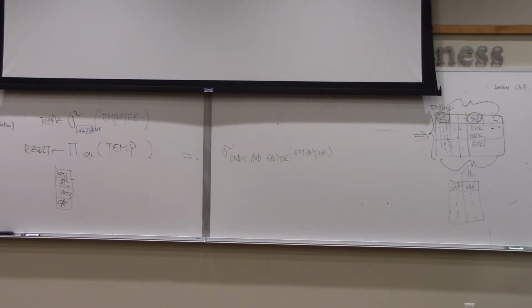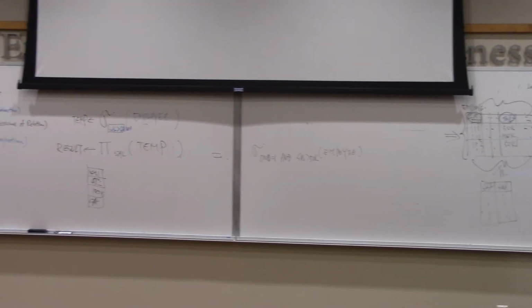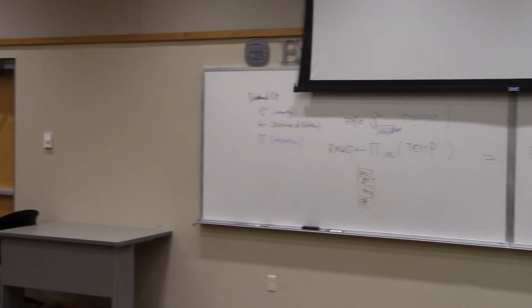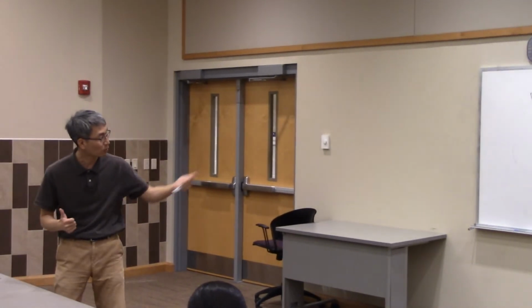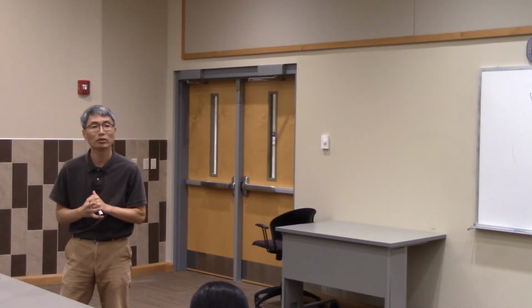No one? What is the definition of a relation? Group of data. Then, what is the constraint that we discussed? Key, which means unique. Is it unique? No. Which means it's not a relation.